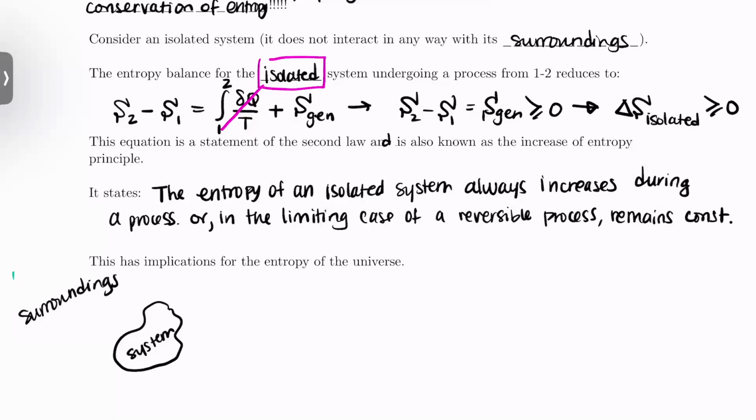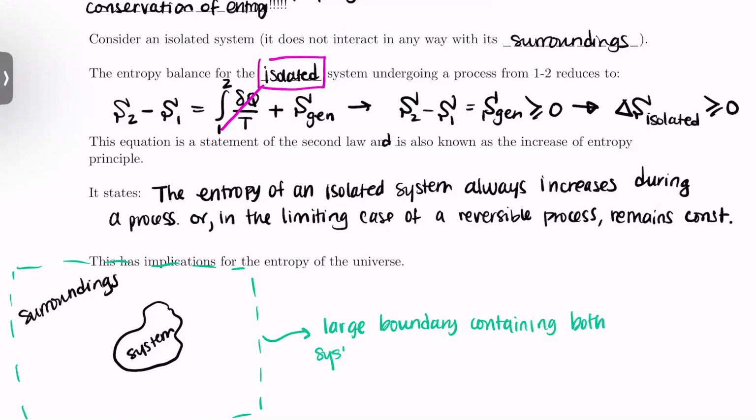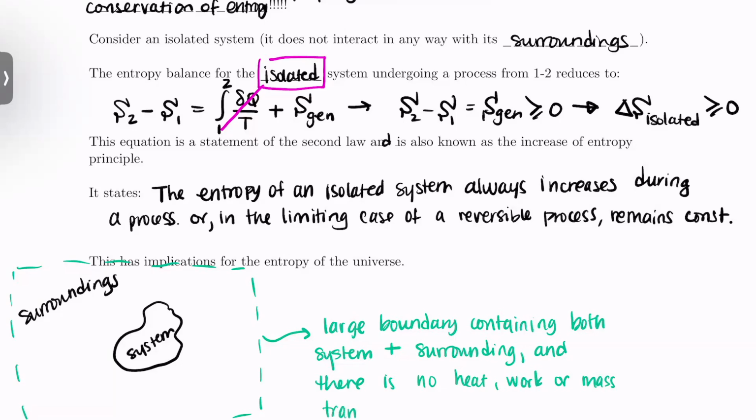So if I define some very large boundary such that both the surroundings and the system are inside, this is our large boundary containing both system and surroundings, and there is no heat, work, or mass transfer across the boundary. Which means that this is an isolated system.